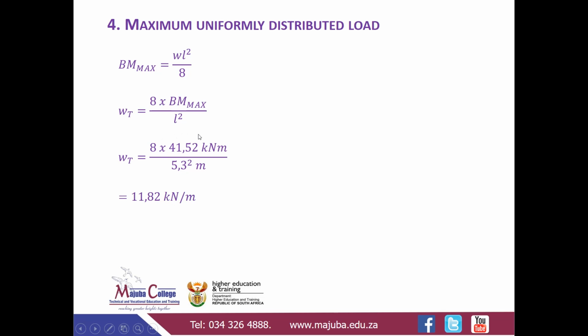So just take it as kilonewton meter, and then the value that we're gonna get here will be in kilonewtons already. So kilonewtons per meter. So that is your maximum uniformly distributed load. Your maximum UDL is gonna be this one.